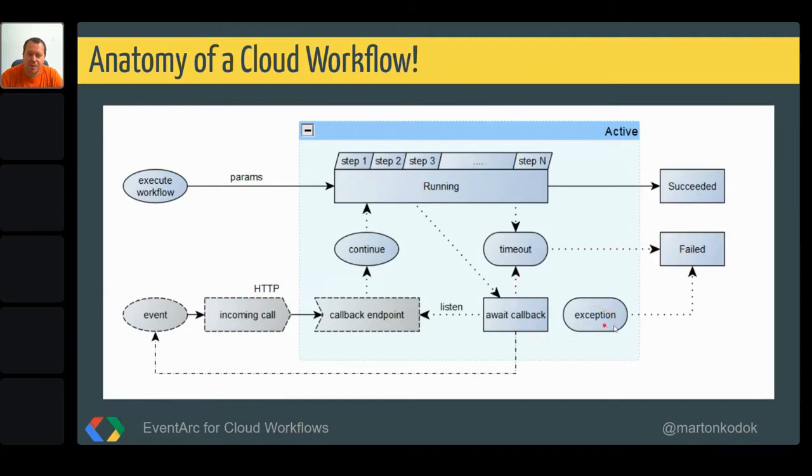If it calls an exception, it will fail as well, but it will listen on a callback endpoint in an HTTP call, and an external system, like an event or something, can do an HTTP call on that endpoint. It means that on that endpoint, the workflow will be continued.